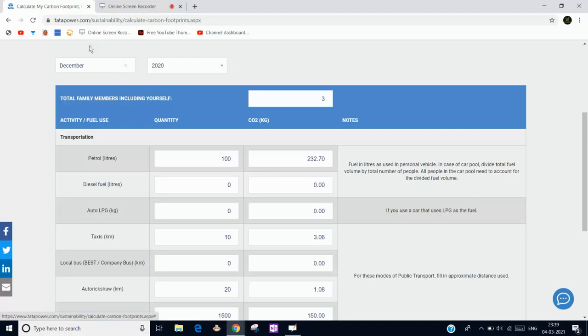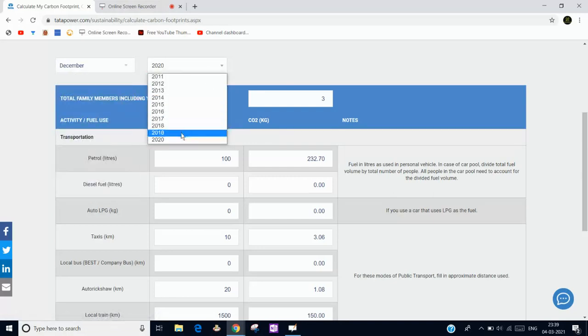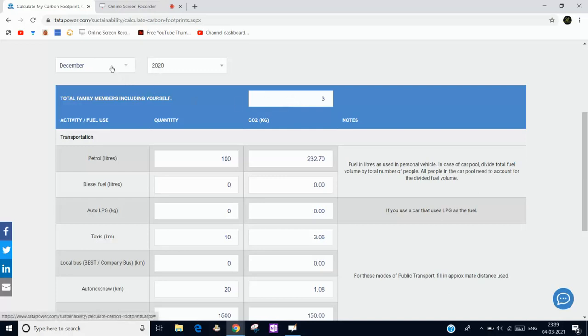Here you have to enter your month, and it is available up to December 2020. This is for one month, so you can add your data month-wise, or simply take an average on a 12-month basis, so you can find how much carbon dioxide you are adding into the atmosphere every month and every year.